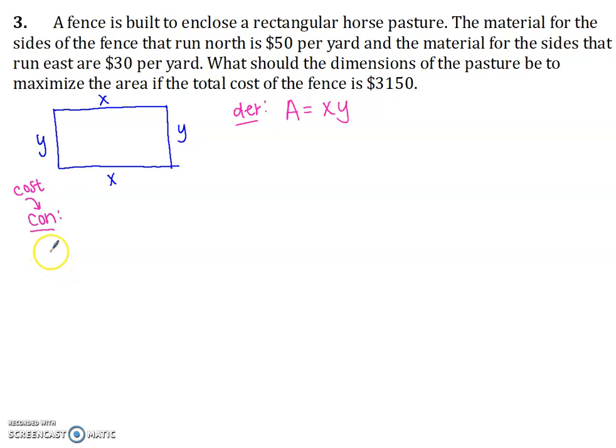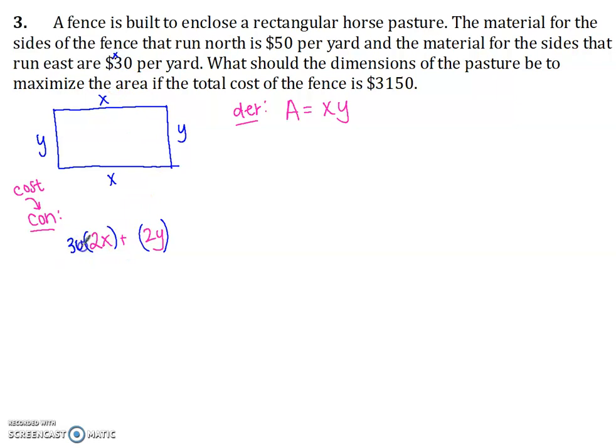When they give you the cost, you still take the perimeter. So the perimeter would be adding up all these sides, so it would be 2x plus 2y. But then you take each part of the perimeter and multiply it by what it costs. The x sides run horizontally, so they run east, and the ones that run east are $30 per yard.